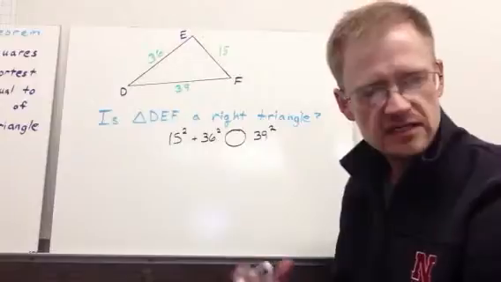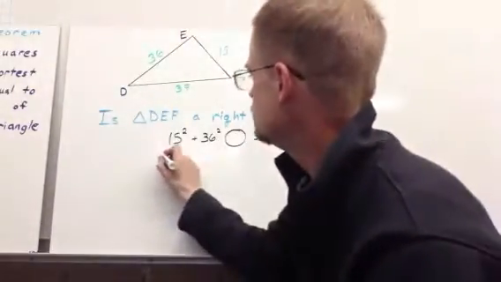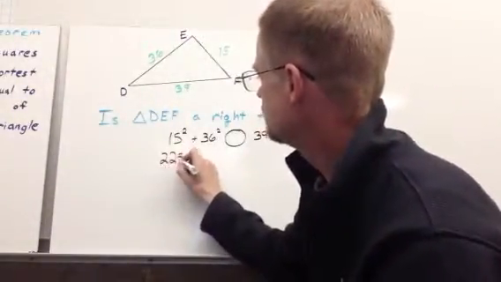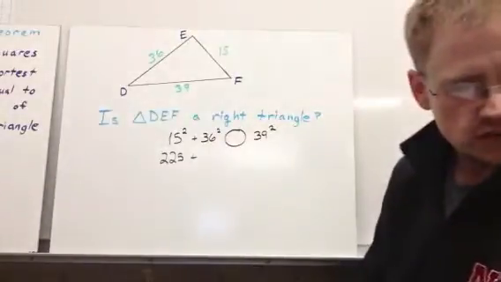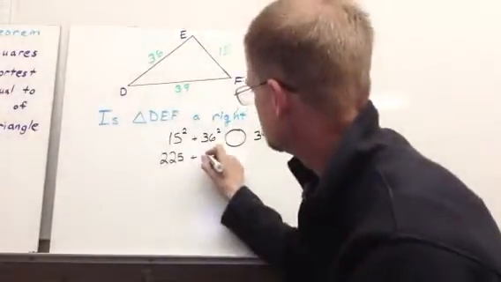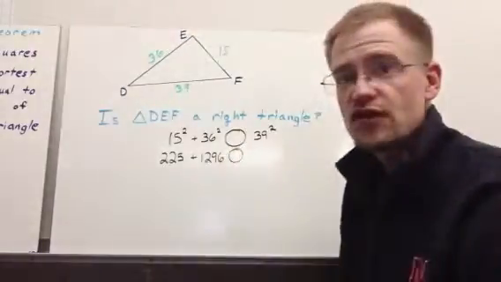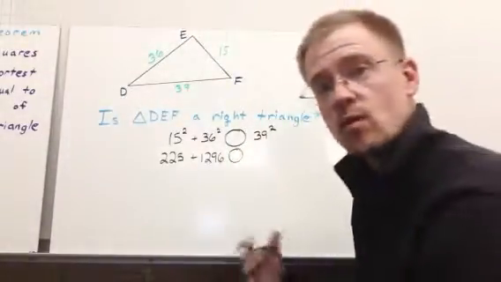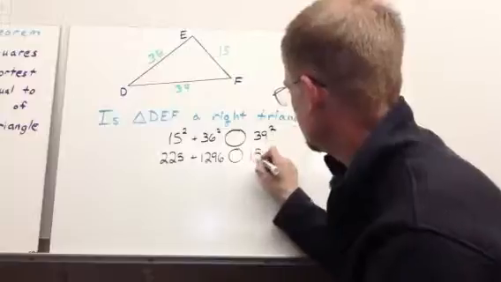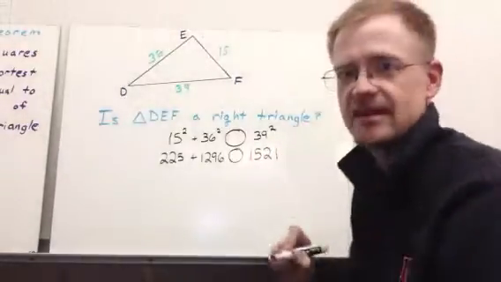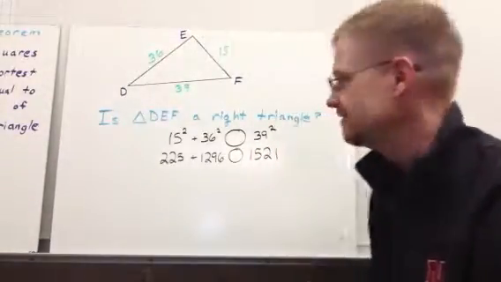All right, 15 squared, you can punch it into your calculator, gives you 225. 36 squared gives you 1,296. 39 squared is 1,521. Yes, I did them ahead of time. I can't do those in my head.